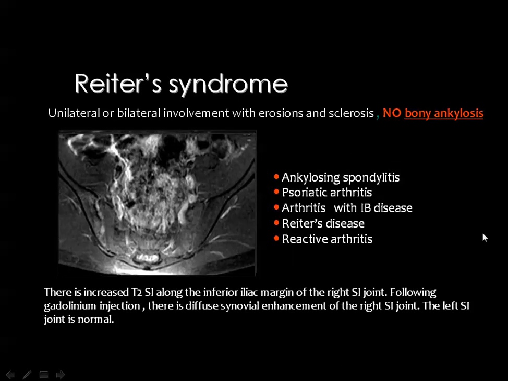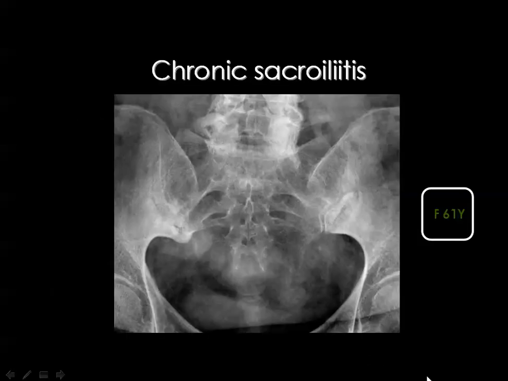Then these are the lesions which may be associated with affection of the sacroiliac joints. Number one, ankylosing spondylitis, psoriatic arthritis, as we have mentioned, arthritis with inflammatory bowel disease, we mentioned it, Reiter syndrome, and reactive arthritis, or also osteoarthritic changes can be manifested in both sacroiliac joints.